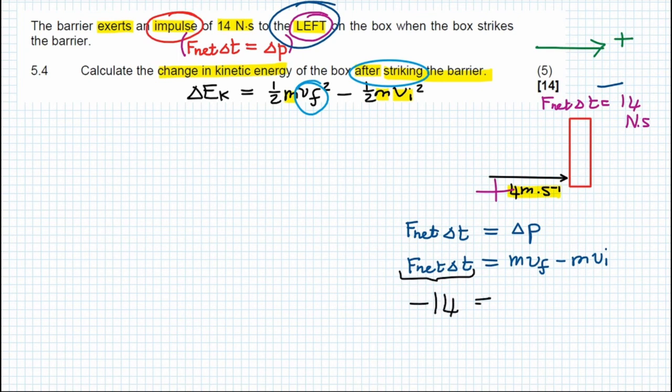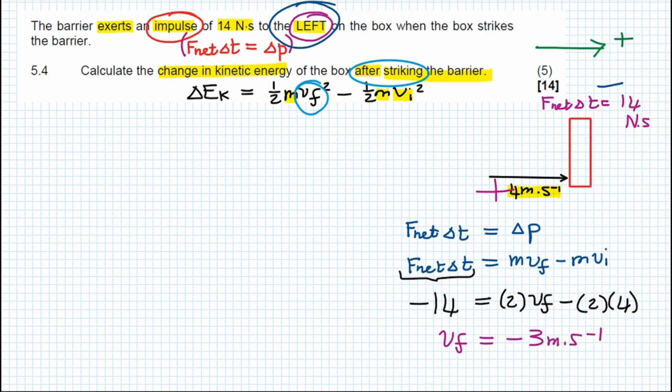That is going to equal the object's mass, we do not know the final speed, that is what we're interested in, multiplied by 2, the object's initial, sorry, I said speed, but I was supposed to say velocity. The object's initial velocity is 4. When we manipulate this formula, we find out that the final velocity of the object after it hits the barrier is going to equal negative 3 meters per second.